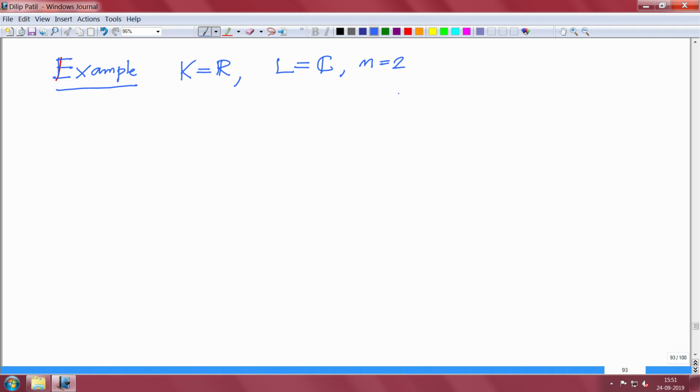Or even n equal to 1, let us take. Even n equal to 1 we can take. So that means, what is our map now?